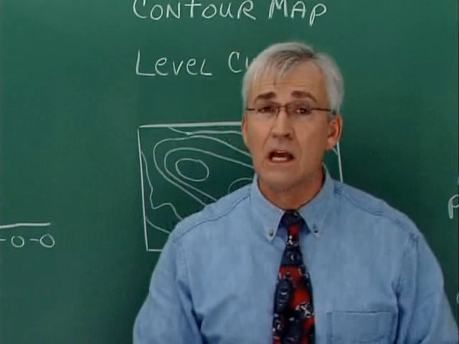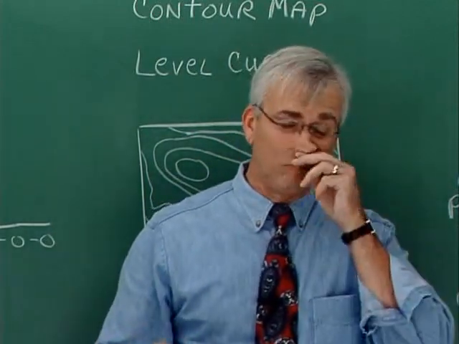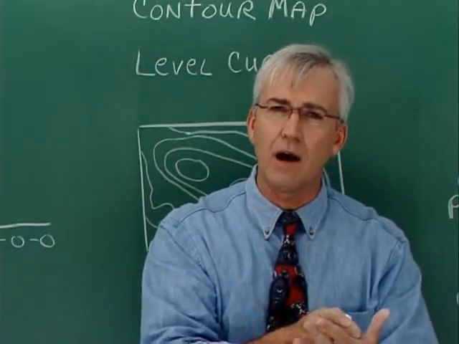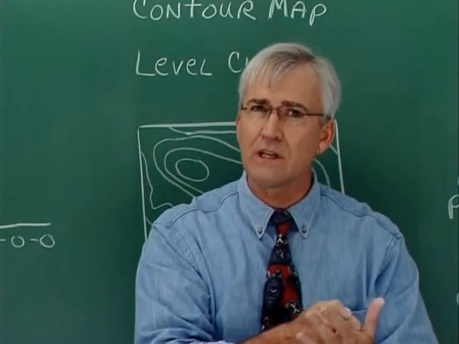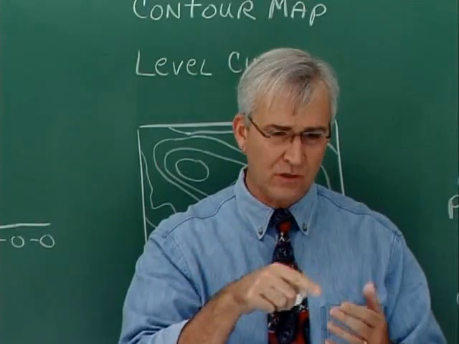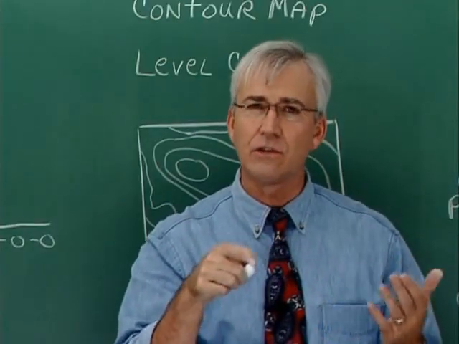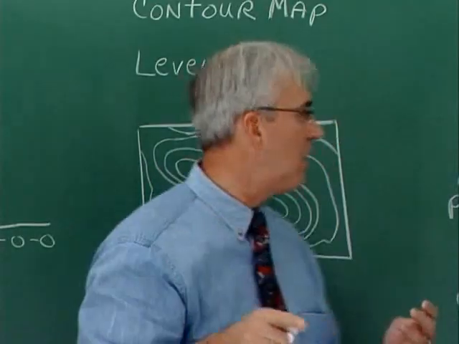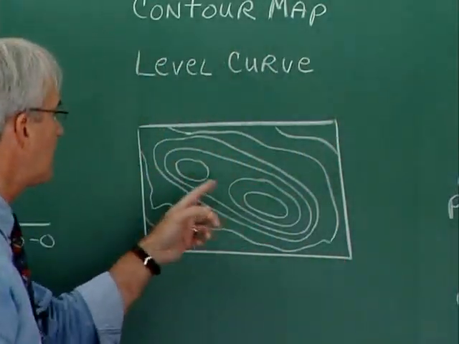But what if I get up in the space shuttle and I look down with a telescope, looking straight down on top of that mountain, and I see all of these white paths? Those white paths would be at different altitudes. And it would take on a configuration that might look something like this.